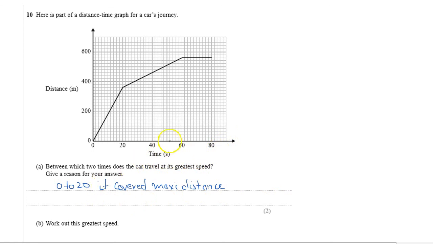Or you can say the slope is a high slope here. First reason, second reason. What is the greatest speed? So speed is equal to distance over time.